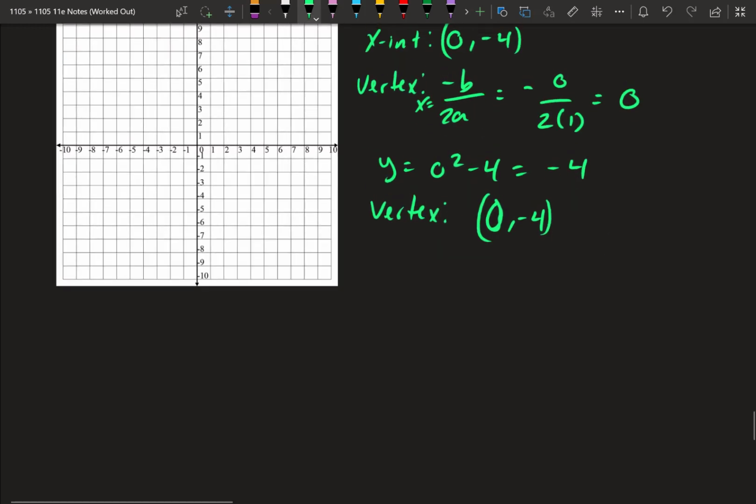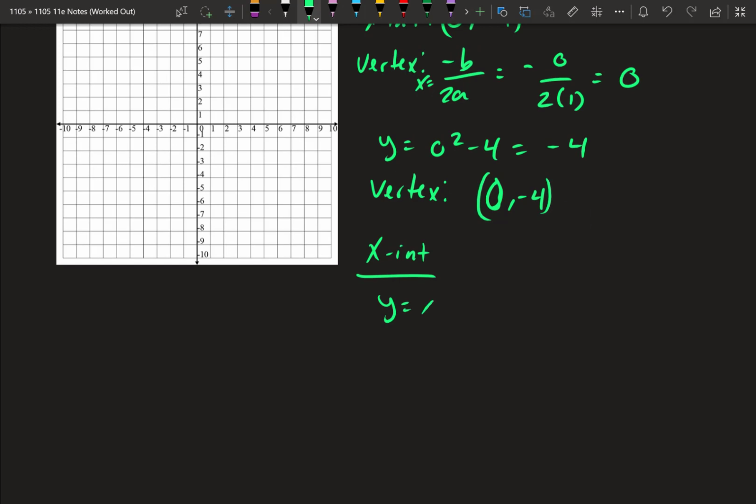Now we find the x-intercept. We factor it. It's a difference of squares, so we get x is 2 and x is -2.